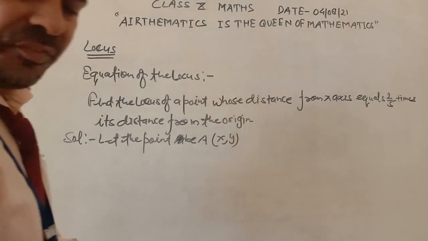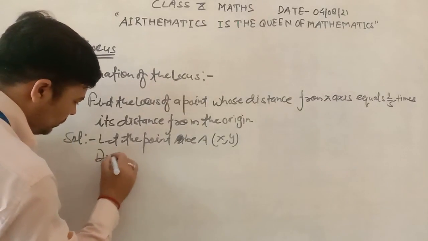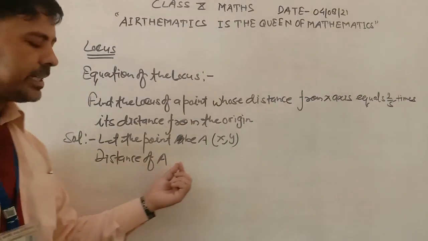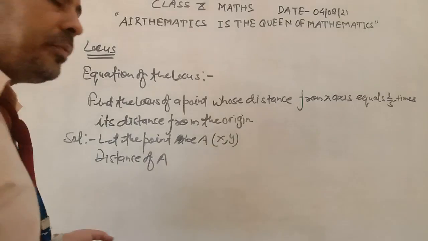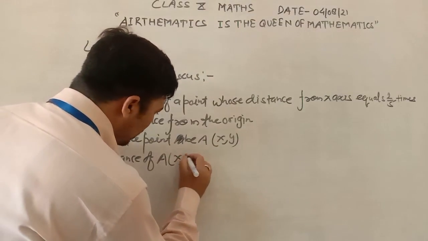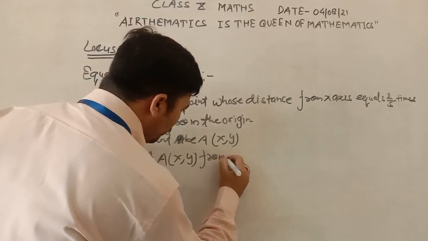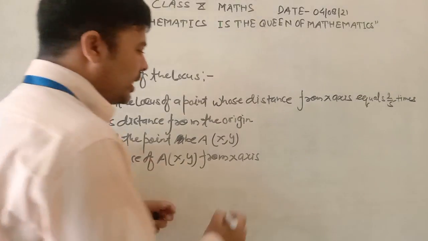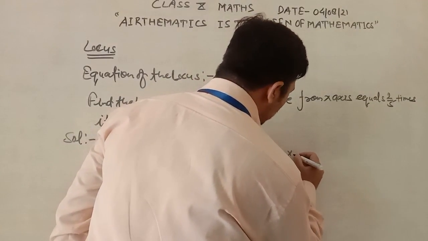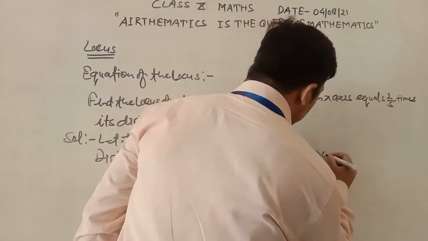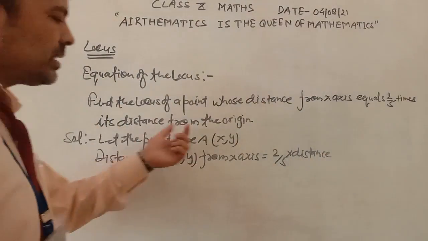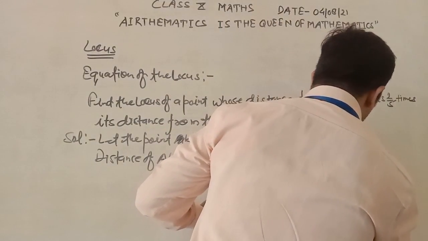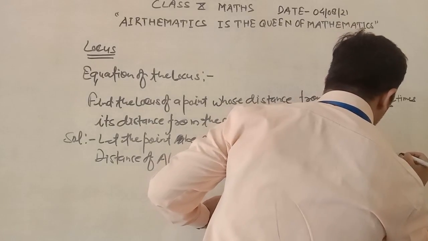The distance of A, x, y from the x-axis is equal to 2 upon 5 into the distance of A, x comma y from the origin.